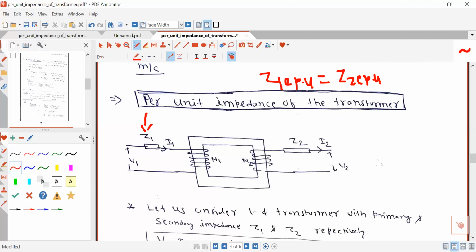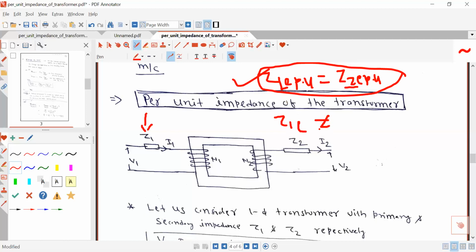These two values will be equal, or you can say in per unit system, Z1E in per unit and Z2E in per unit will be equal to each other, where Z1E is the total impedance of the transformer referred to the primary, and Z2E is total impedance of the transformer referred to the secondary. And when you represent impedance in per unit system, then you will see the total impedance referred to the primary will be equal to total impedance referred to the secondary.